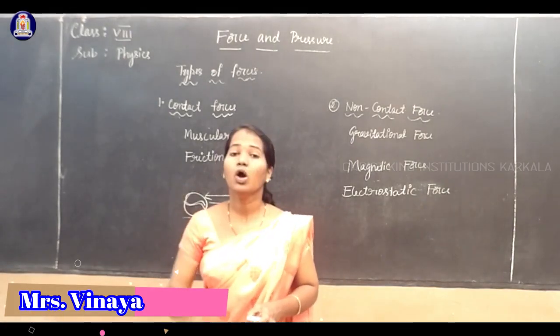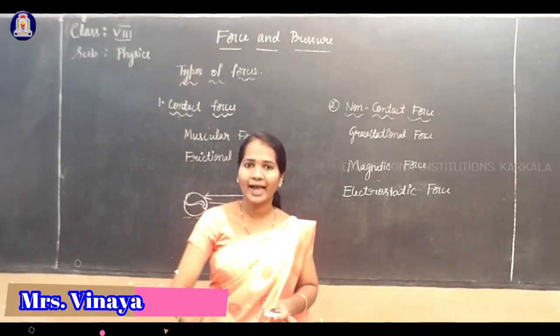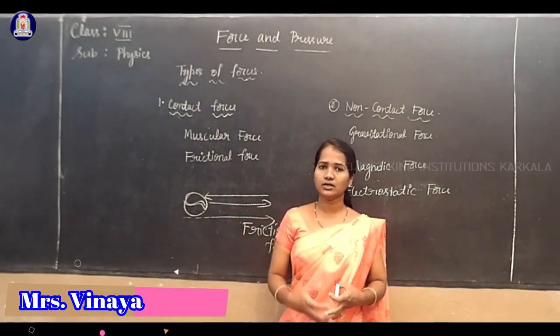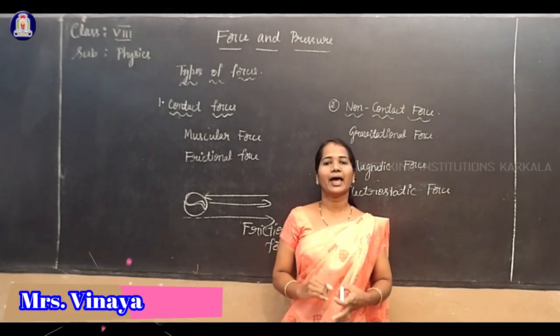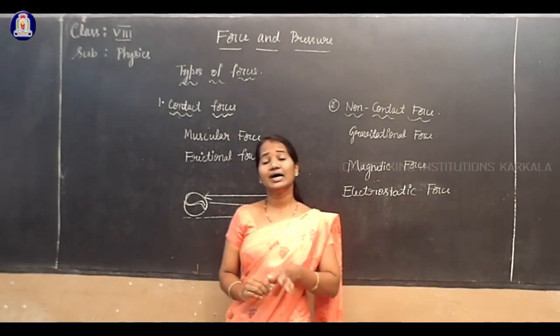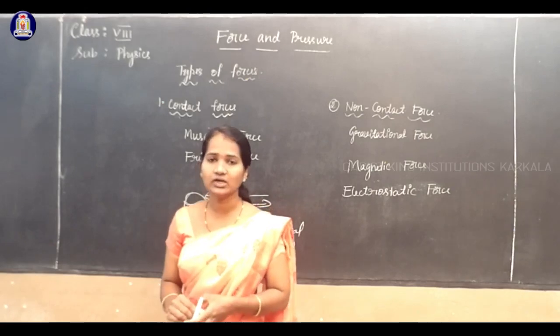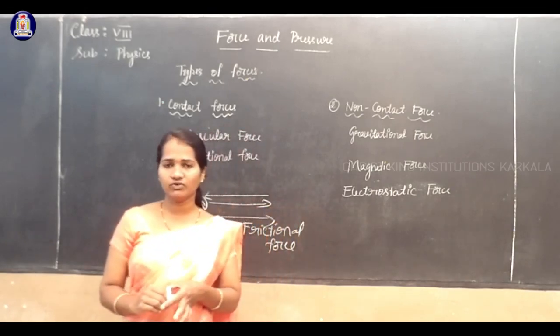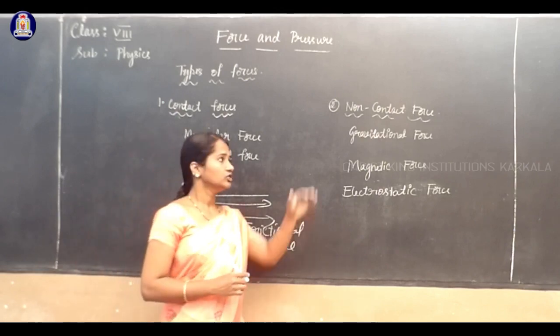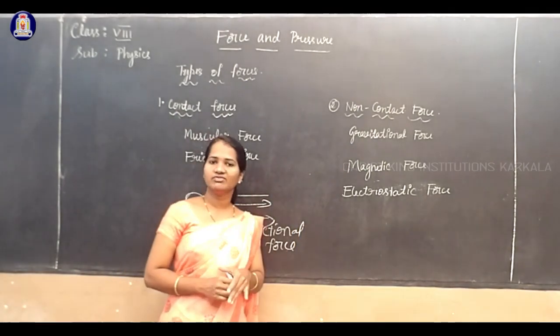Because of this, all objects fall back to the earth. If you throw any object on the surface of the earth, once again it comes back to the earth, because earth has a gravitational field or gravitational force. So this is called gravitational force.